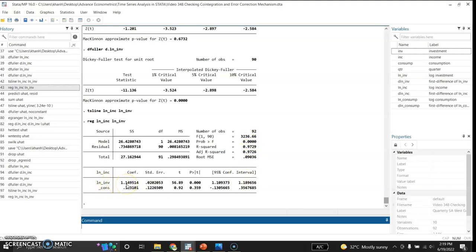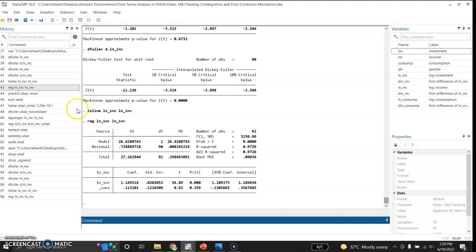It means that if there is a 1% increase in investment, there is a 1.15% increase in income, and this is the constant, and both of the coefficients are significant.